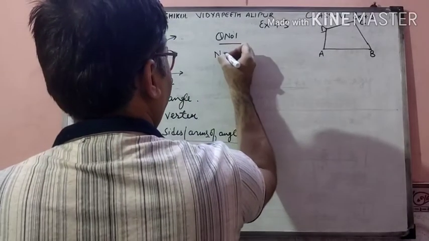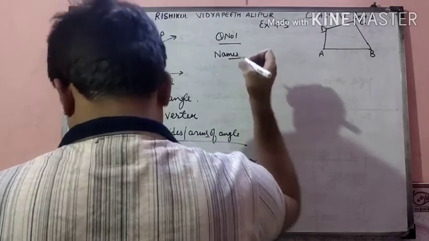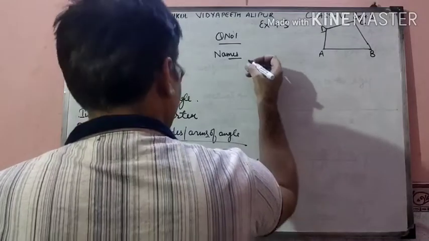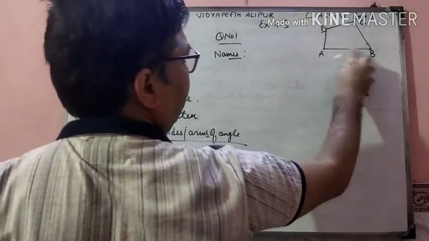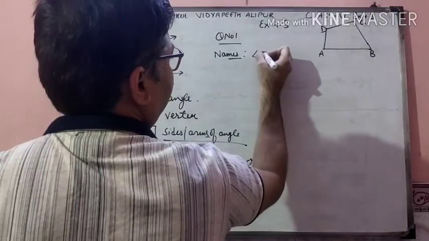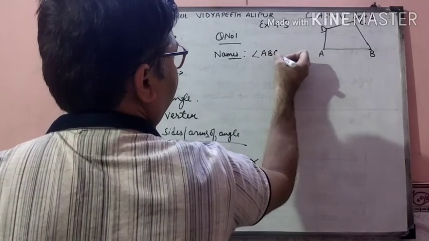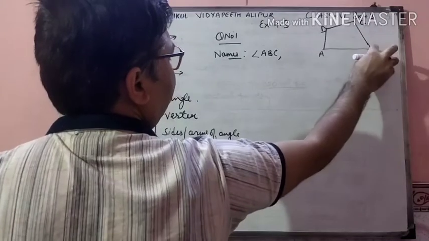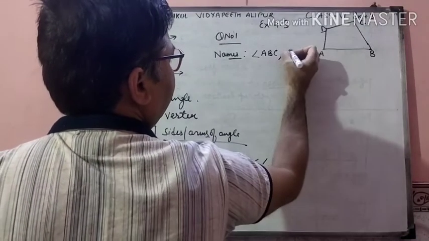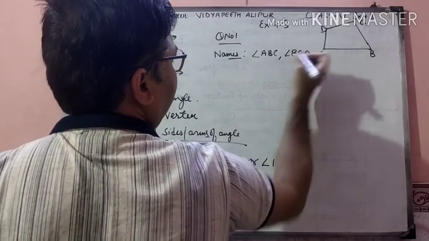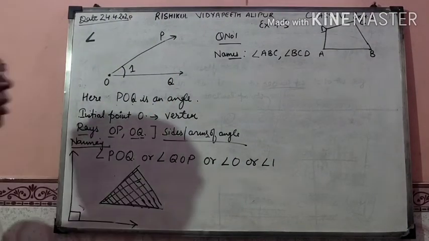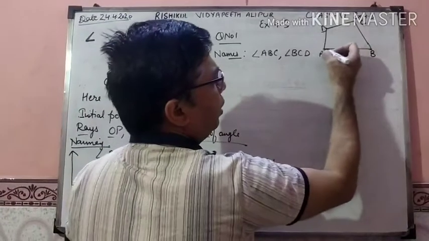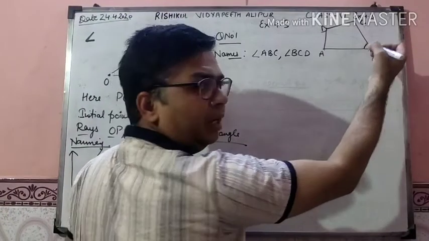What are the names of the angles? Can you tell? Yes, angle ABC. Angle BCD. Angle ABC, this is an angle.